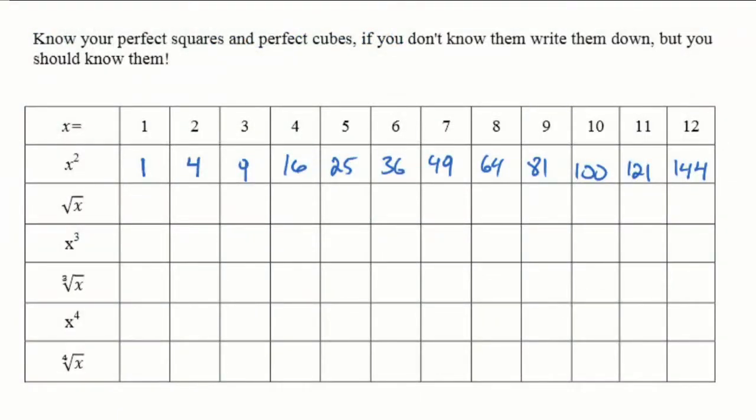We're just going to write the square root of all these things, because it's important that you recognize these things under a radical sign, because they're going to come up a lot.